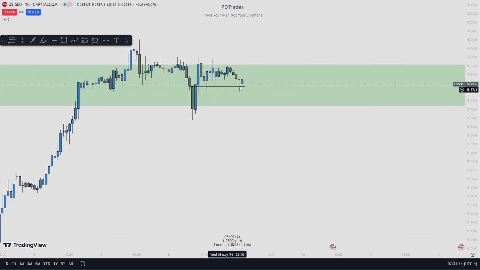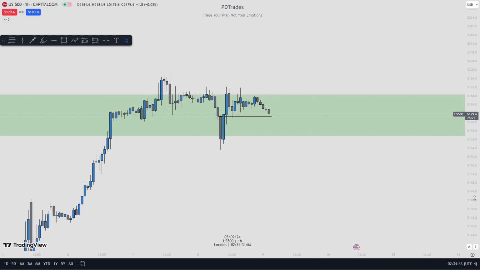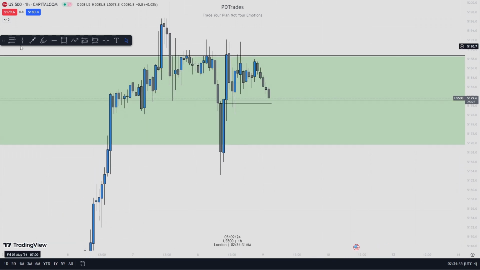So I want to see what price does. Does it use this order block and use the news to take out liquidity resting above here, then start shooting down? I don't know. Only time and price will tell me. You understand? So I'm looking at this area right now.